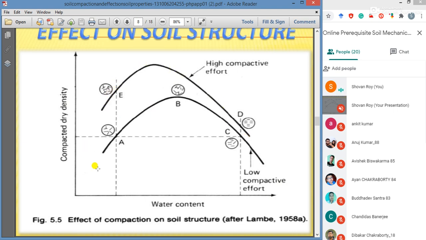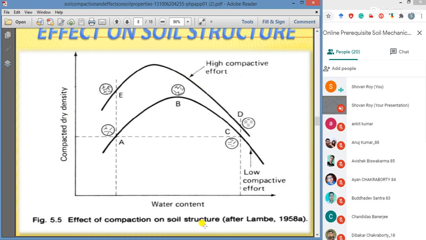At the same water content we get a different value due to compacting energy.